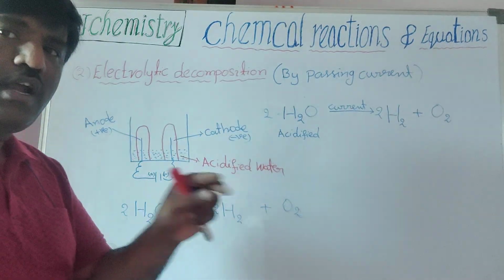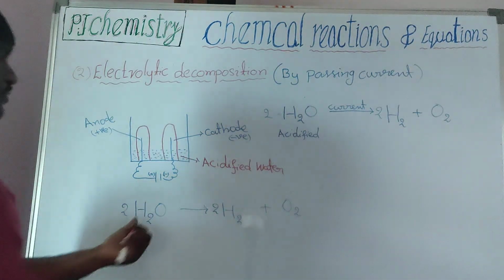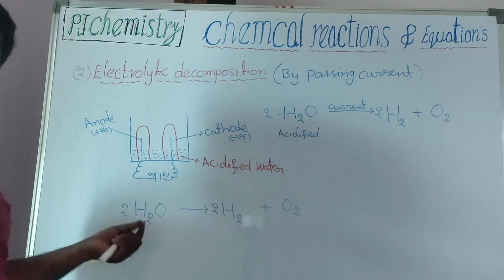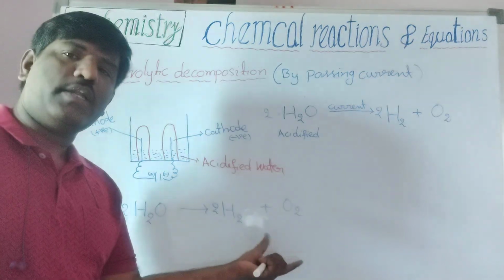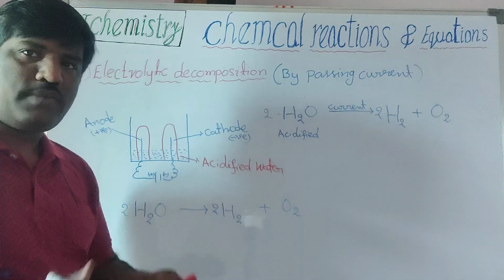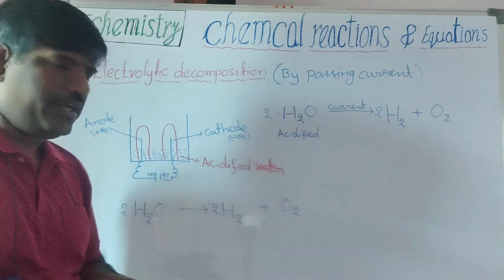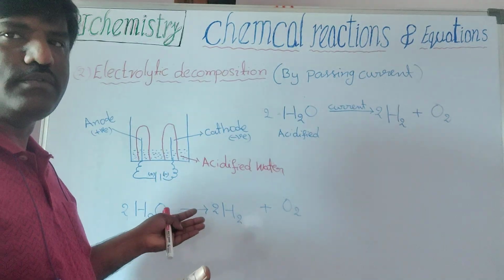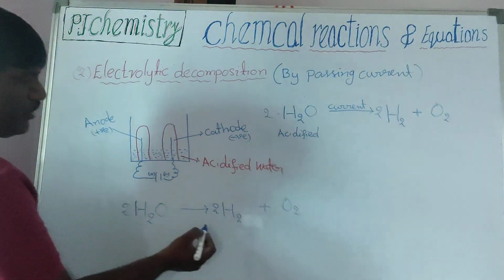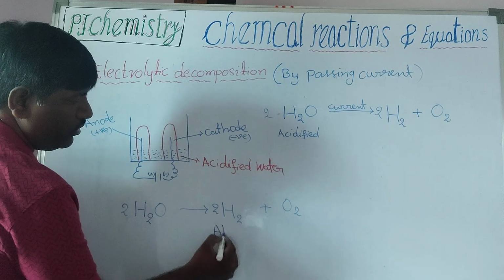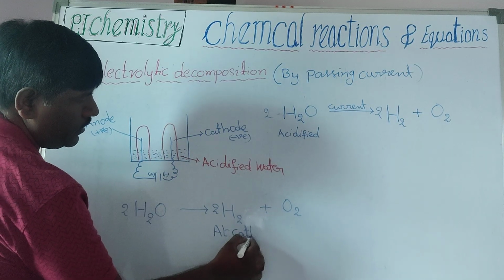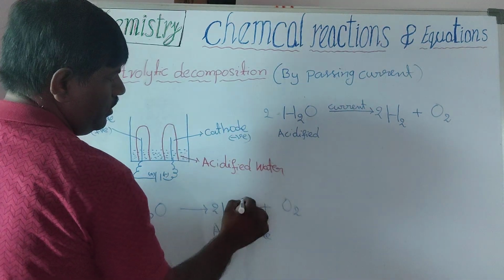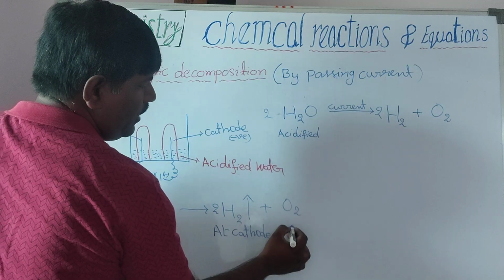Why is hydrogen double the volume of oxygen? As per its composition in H2O, hydrogen 2 volumes and oxygen 1 volume are combined, so the same ratio will be liberated according to the law of conservation of mass: matter can neither be created nor destroyed. The same molecules that combined will be decomposed again. So hydrogen is liberated at the cathode, and oxygen is liberated at the anode.